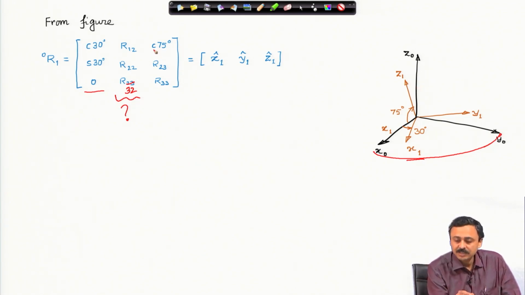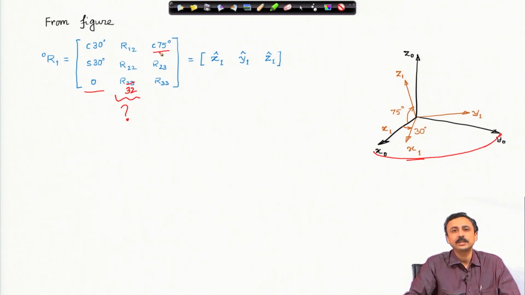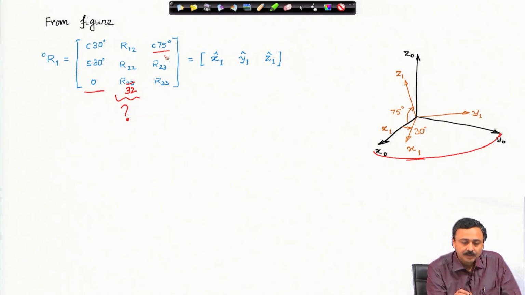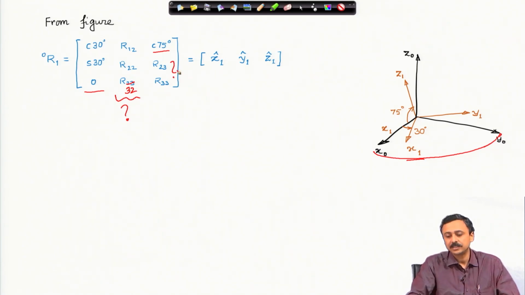Now, between z1 and x0 I know the angle, it is specified in the problem, therefore, cos 75, because it was a dot product of the unit vector z1 and unit vector x 0. So, this is cos 75. Other two entries I do not know. I do not know the angle that z1 makes with y0 or with z0, because z1 is not guaranteed to be on the x0 z0 plane.